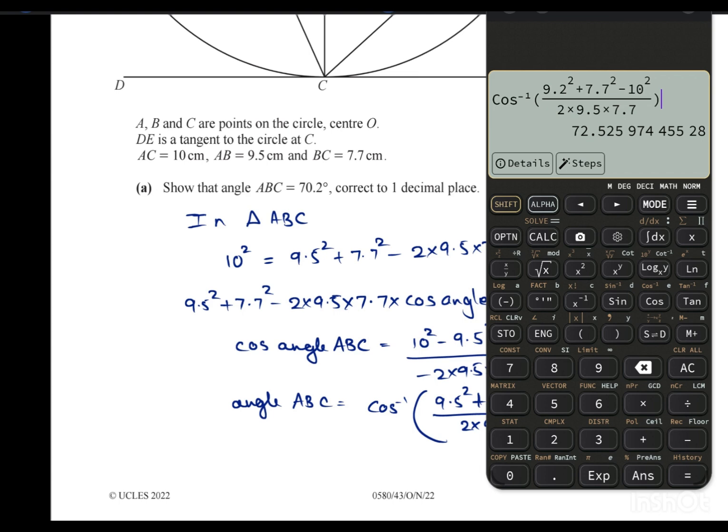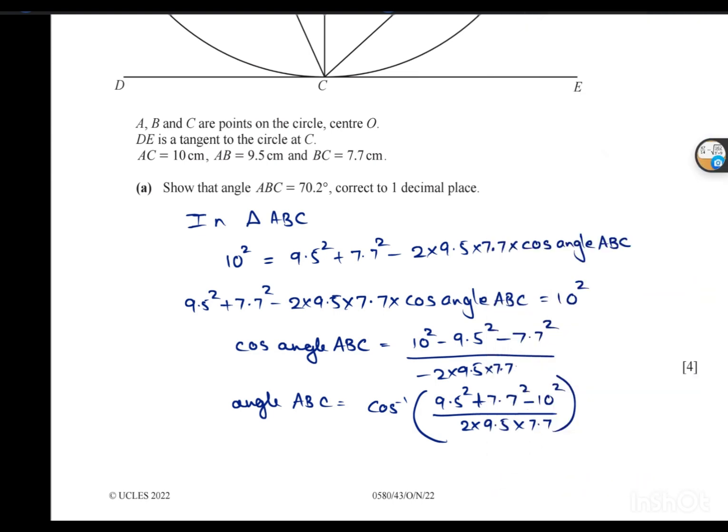We get 70.207. If I round to one decimal place, it is 70.2 degrees. We got the answer.